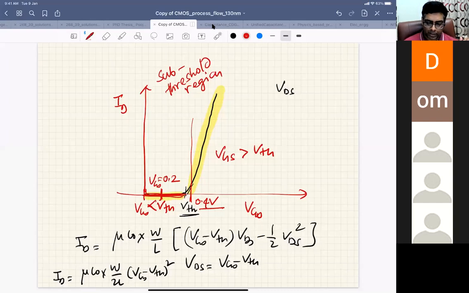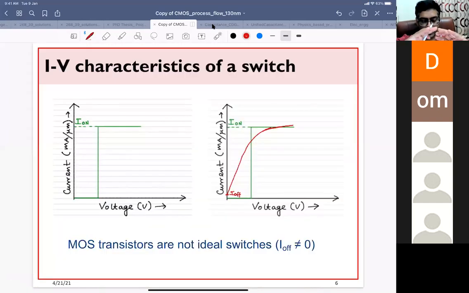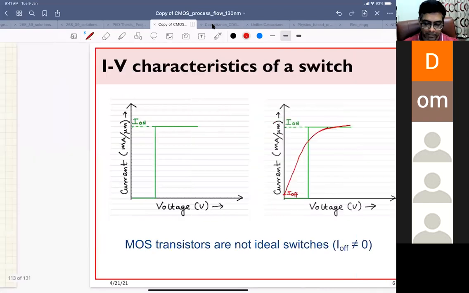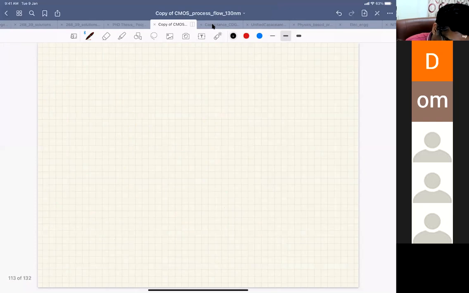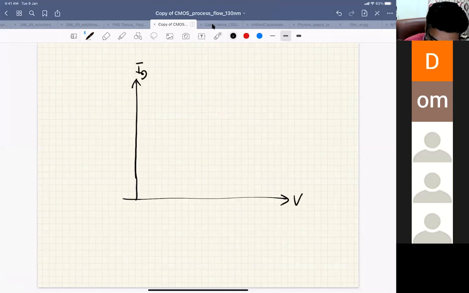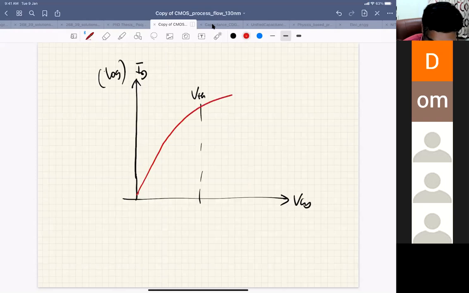So, if you look at the IV characteristic of a typical transistor, when you plot in the log plot, this is how you should plot your transistor characteristic: ID as a function of VGS, but this axis is log axis, right? And if this is your threshold voltage, your curve will look like this, ID versus VGS in the log plot.